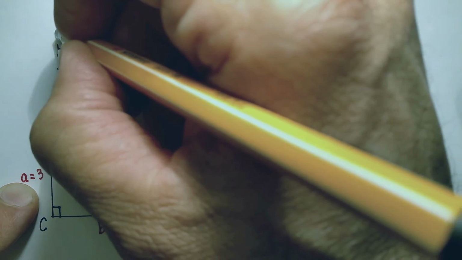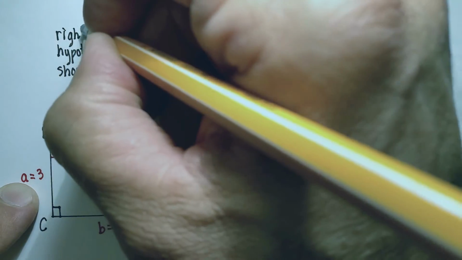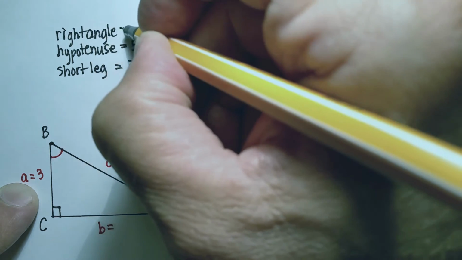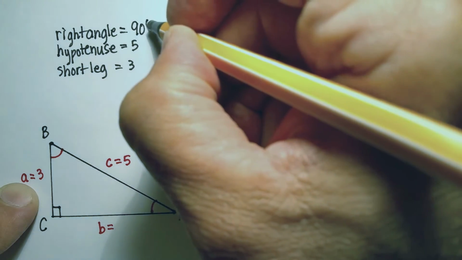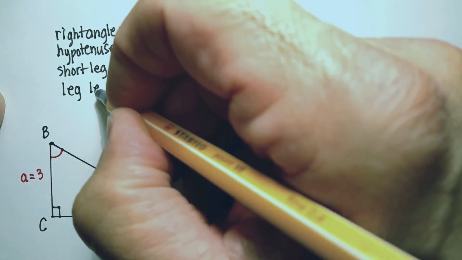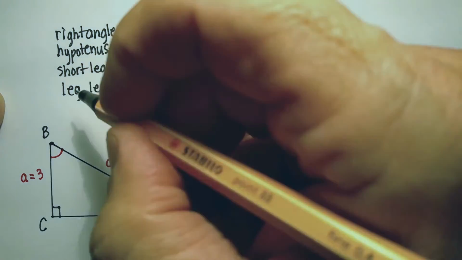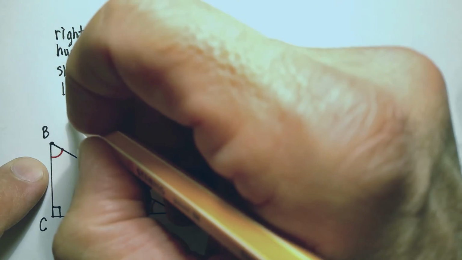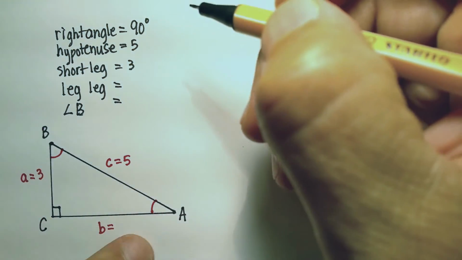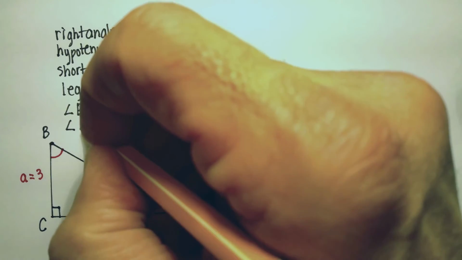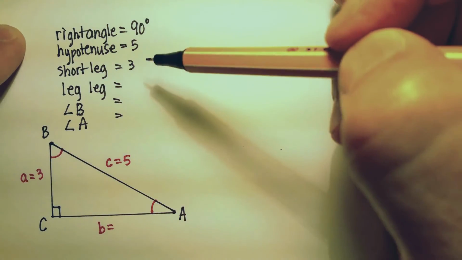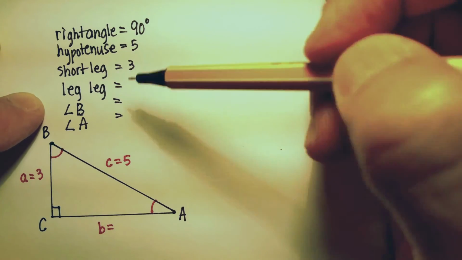We know that the right angle is 90 degrees. And the long leg we still do not know. We'll call this angle B, which is still unknown, and angle A is still unknown. So to solve for this particular right triangle, we still need to find 3 different characteristics.